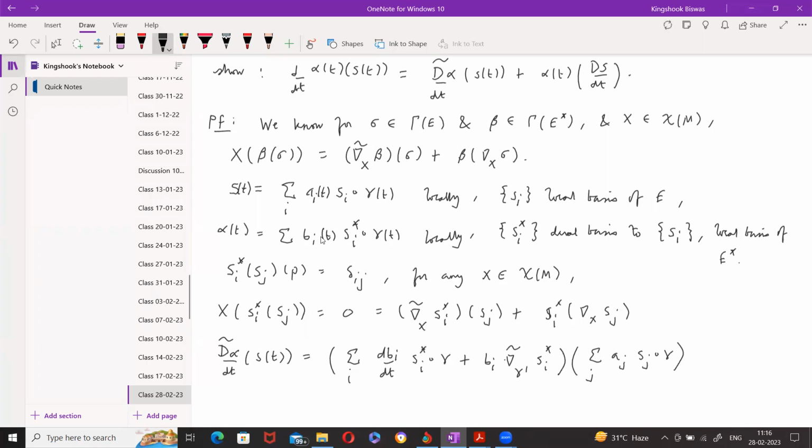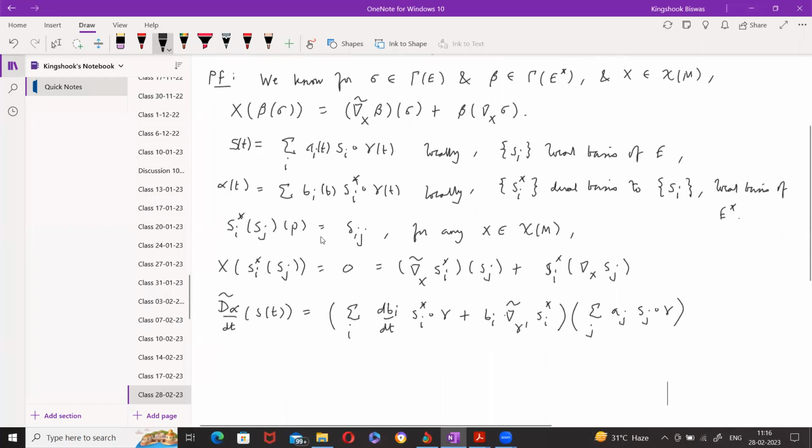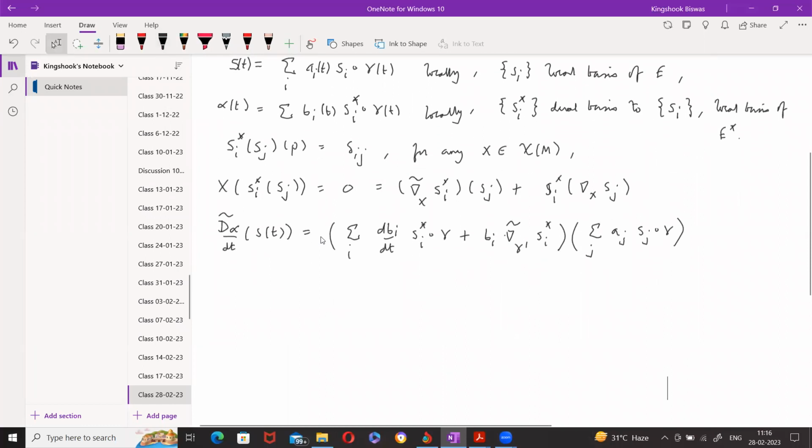Sir, if you have a point t naught, then for small enough epsilon, you can write this S of t as a sum ai del/del xi, right? If there is no intersection from t naught minus epsilon to t naught plus epsilon, then you can do that, and it is contained in a chart.